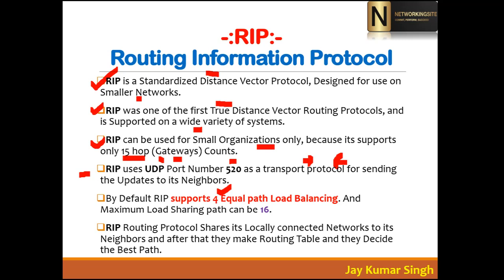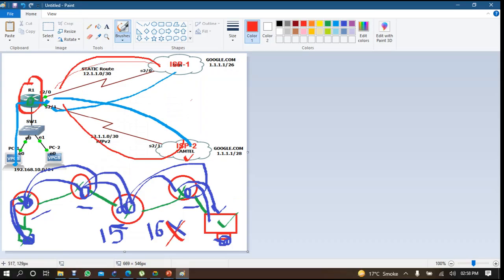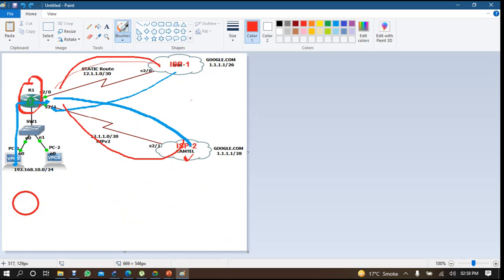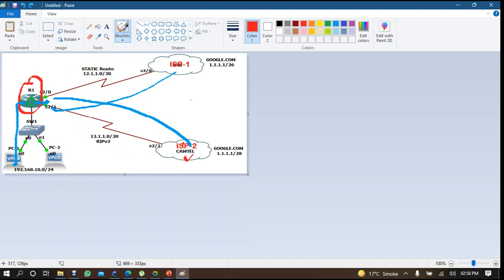Load balancing, you will understand, we have a separate session for this one. Load balancing means, suppose this is your router and your router has two paths. One is the path towards ISP1 and the second path is towards ISP2.